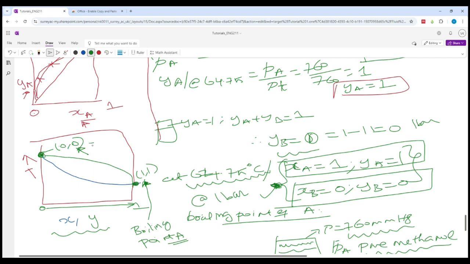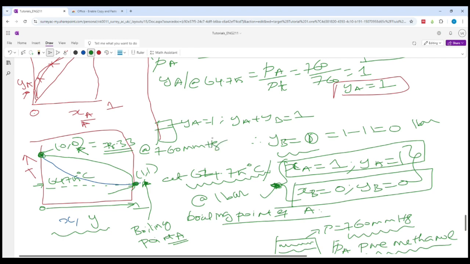So this value should be equal to 78.33, and this temperature, if you draw some line, should be equal to 64.75 degrees centigrade. So that's the boiling point of methanol, and 78.33 is the boiling point of ethanol at, temperature is very important, 760 millimeters of mercury.